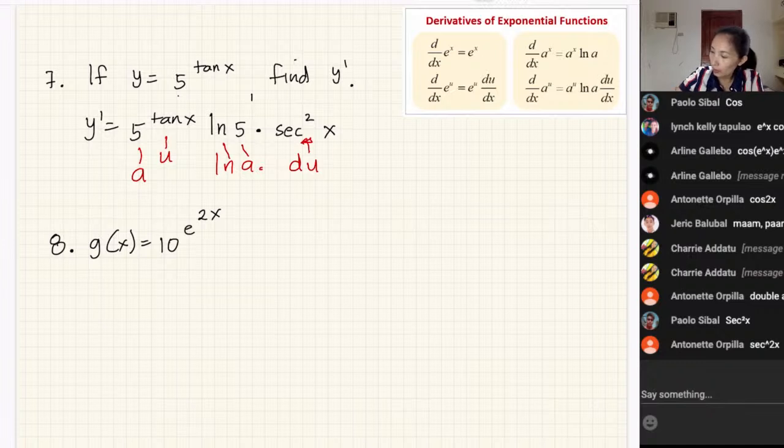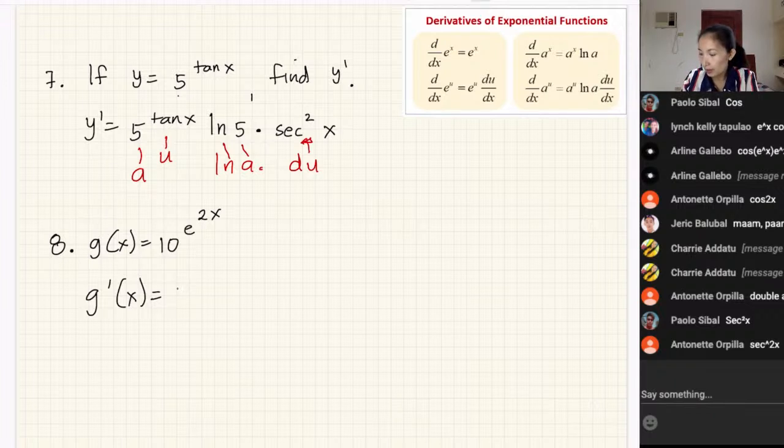Okay, for a to the u, this is the formula. Okay, so your g prime of x is equal to a to the u natural logarithm of the base times du.